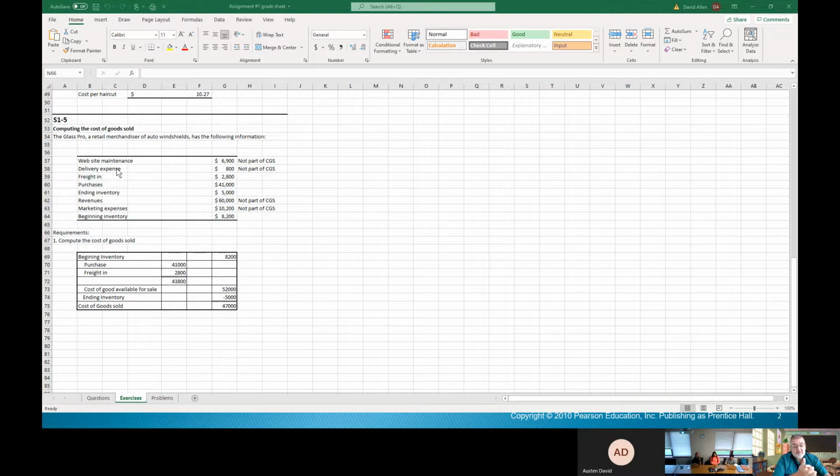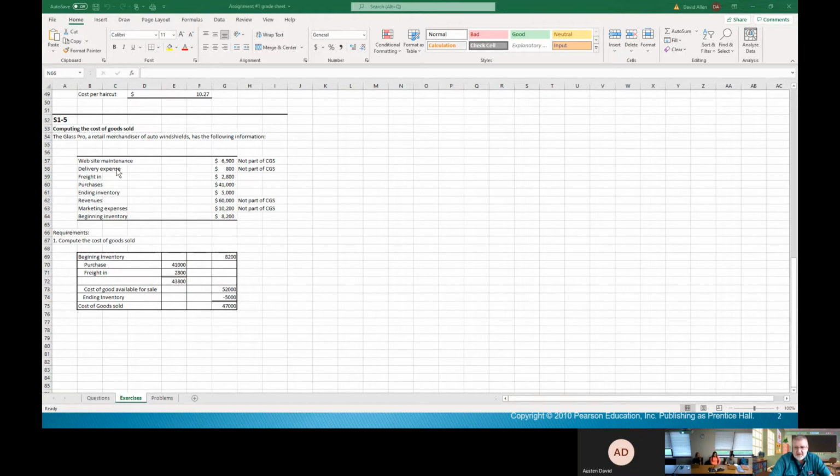Because one of the exercises we're going to run into, they're going to talk about depreciation on a saw and depreciation on a delivery truck. And we're calculating the cost of goods manufactured. Well, if you're manufacturing furniture and you have a saw, then that saw is part of the manufacturing process, but the delivery truck is not. So anytime you see delivery, just remember that delivery is always after the sell, so it doesn't get involved in our costing processes.